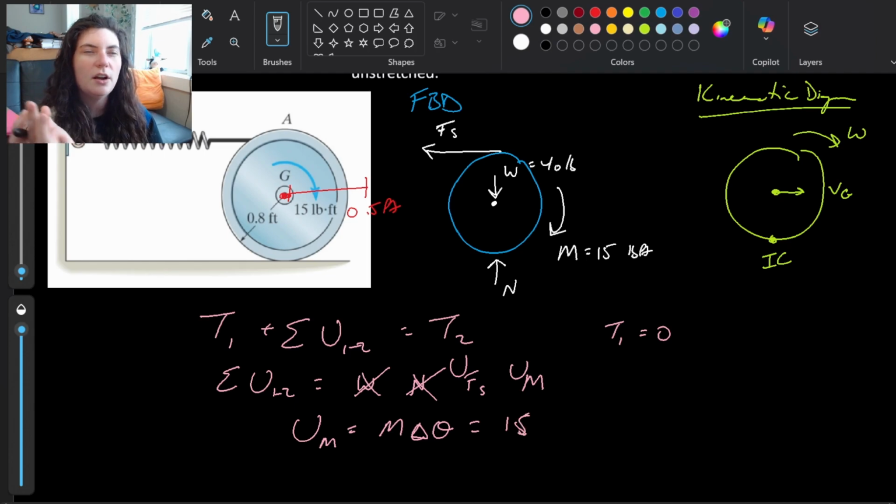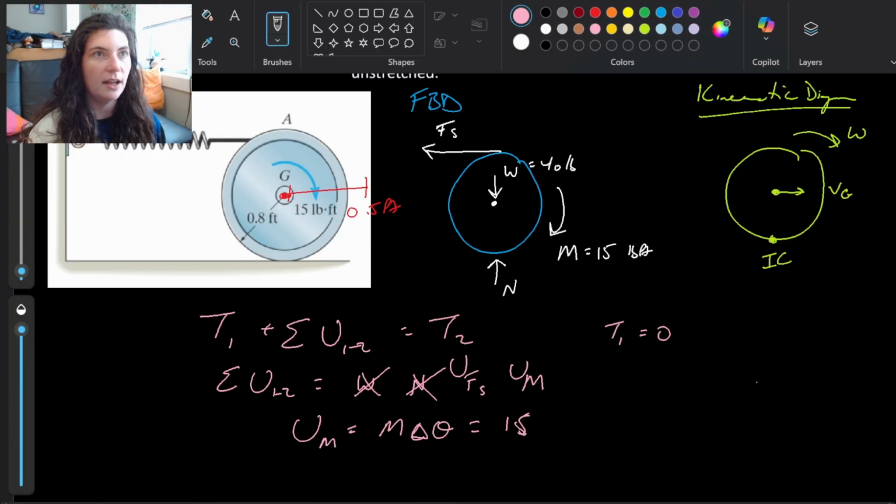And then we have to figure out, well, what is this theta that we're rotating through? What is this angle, in radians, that this moment is causing us to rotate through? Okay, so this guy is moving half a foot to the right.